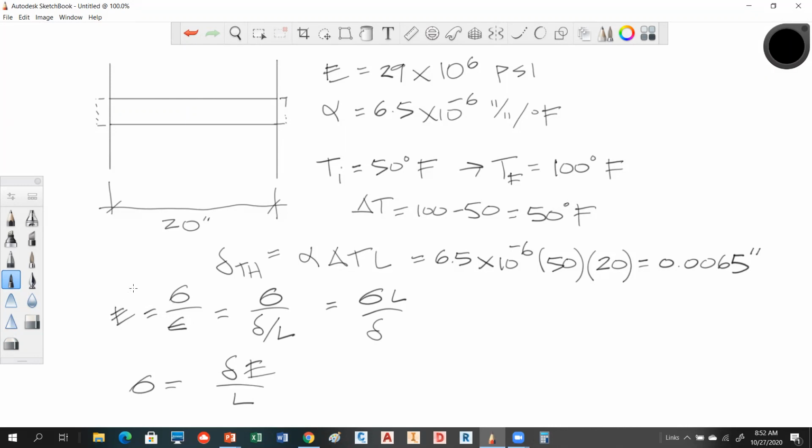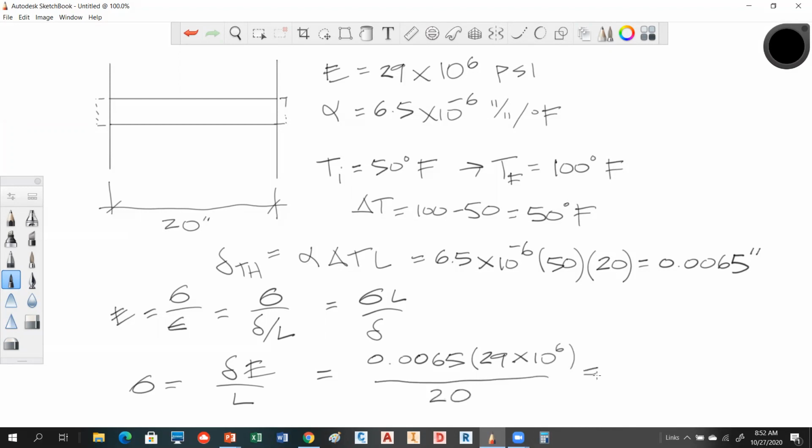Going back to the initial definition of modulus of elasticity, stress over strain, I want to solve for stress due to that amount the bar wants to increase, and the wall won't let it. So what we have is deformation. We ultimately get deformation times modulus of elasticity divided by original length. So that gives me 0.0065 times E, which is 29 times 10 to the 6th PSI, divided by 20 inches.